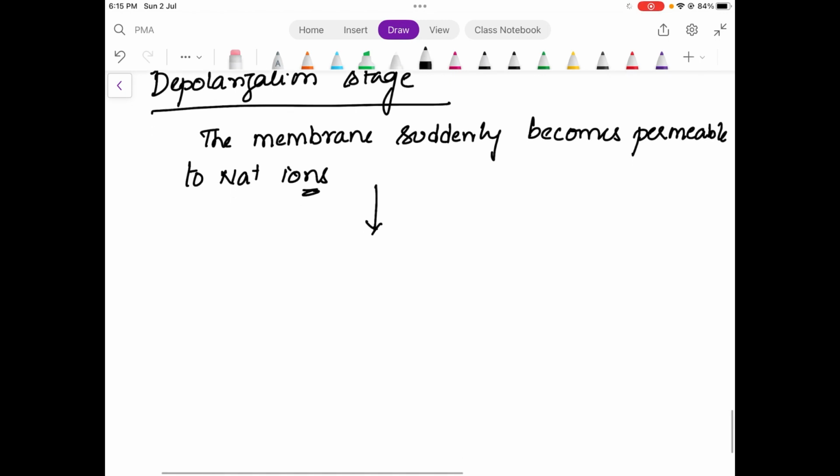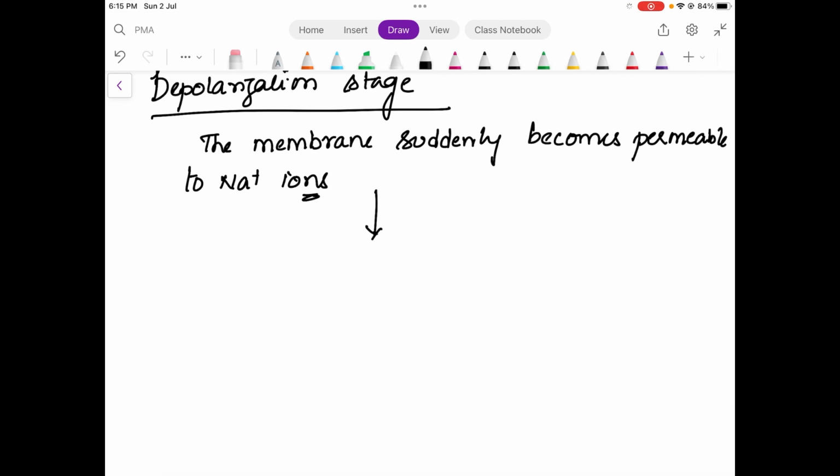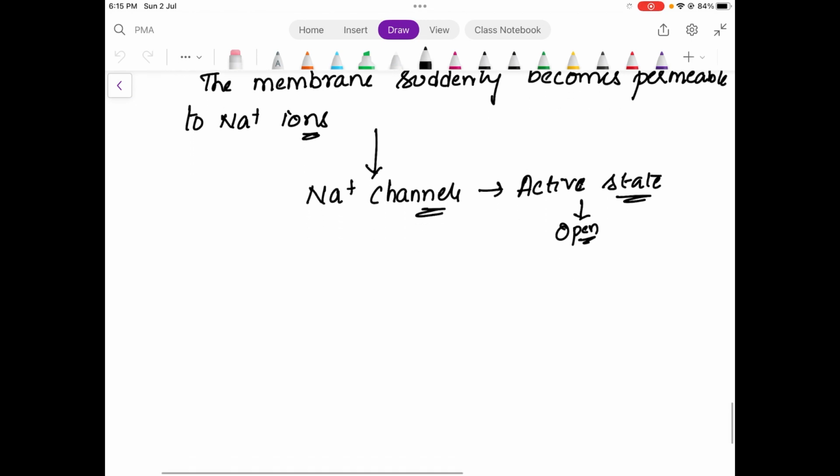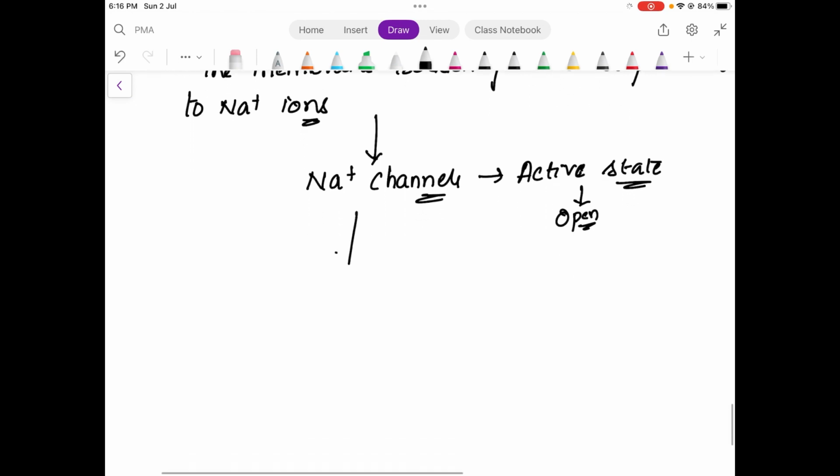How are they permeable into the membrane? By channels called sodium channels. Whenever there is a stimulus, these sodium channels will go into an active state, that is open state, and sodium will be permeable through these sodium channels inside the membrane.